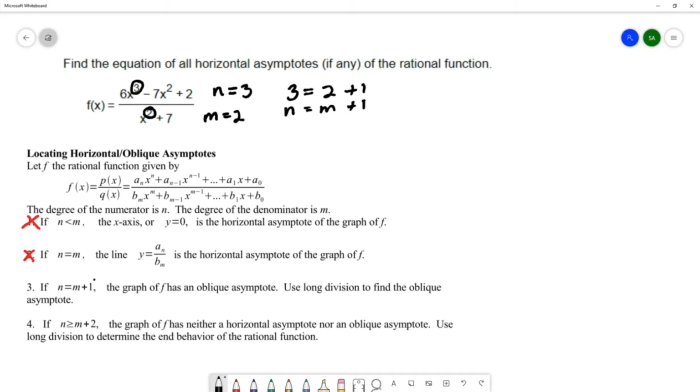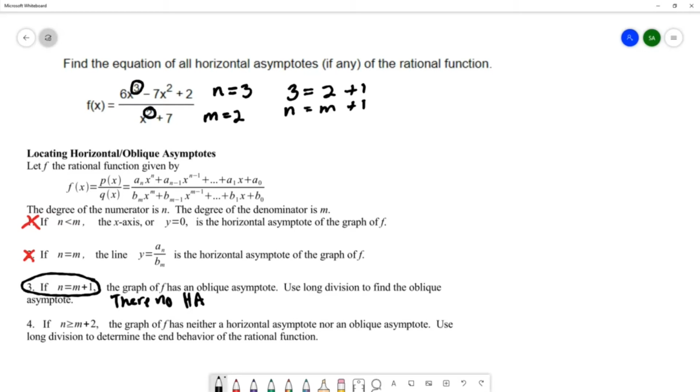So this is the case that we're dealing with for this particular rational function. And although it's not stated here, there is no horizontal asymptote whenever we have the degree of the numerator being 1 more than the degree of the denominator.